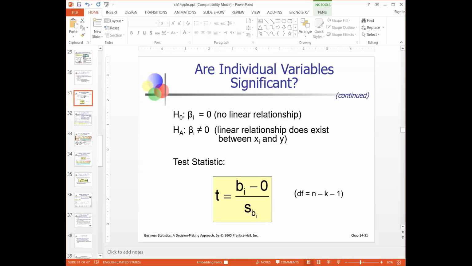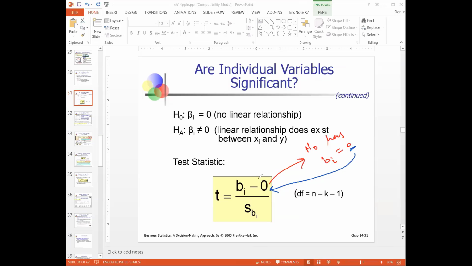The formula for that is t equals b1 minus 0 divided by the standard error of beta 1. So the 0 is here, and you need to remember that. Since we are comparing it with no effect, and H naught has the portion that bi is equal to 0, that 0 is placed here.